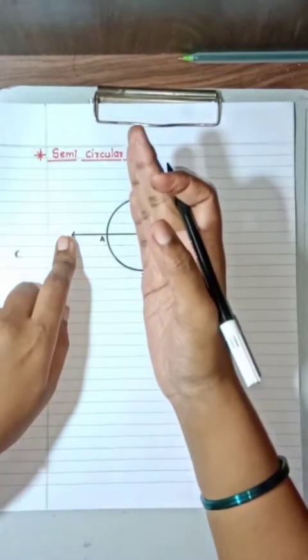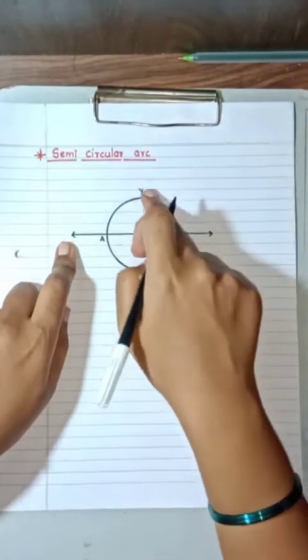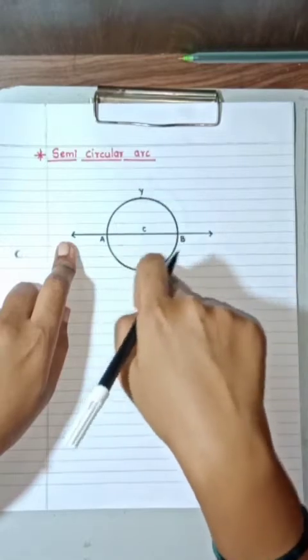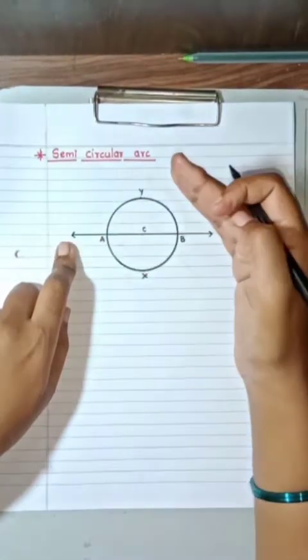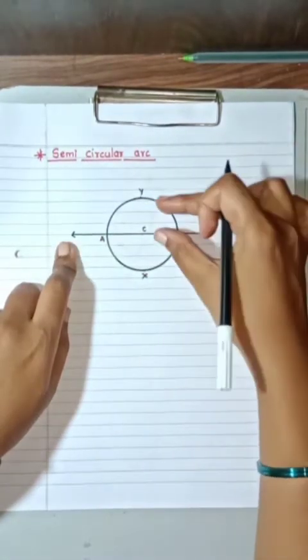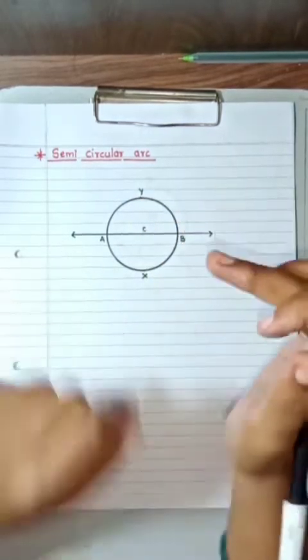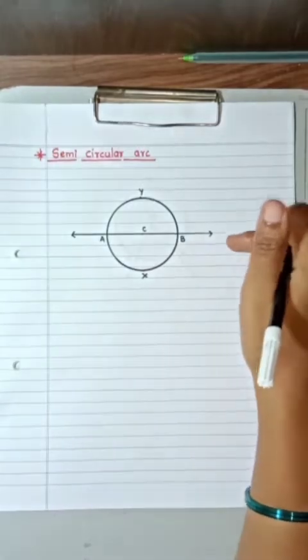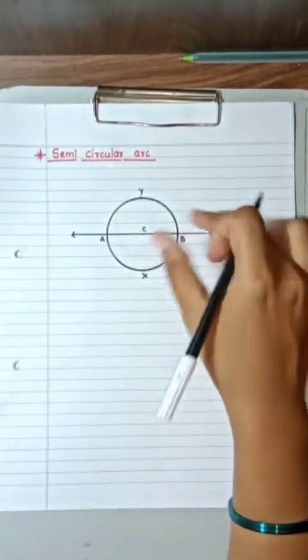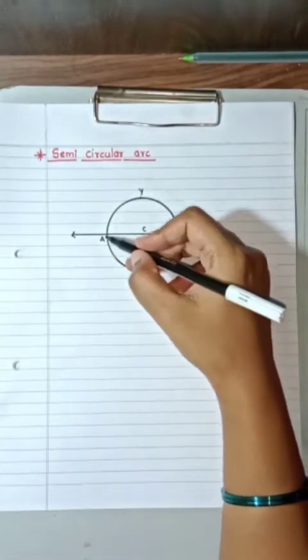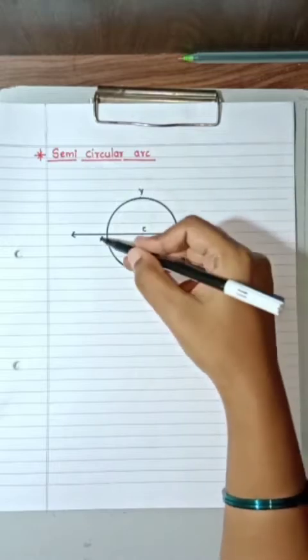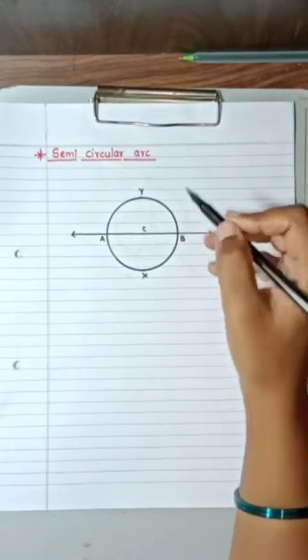Therefore you get two arcs. When the secant passes through the center, you get two arcs, AXB and AYB. But as it is passing through the center, you don't have a major arc and minor arc here. You get two equal arcs, AYB and AXB.